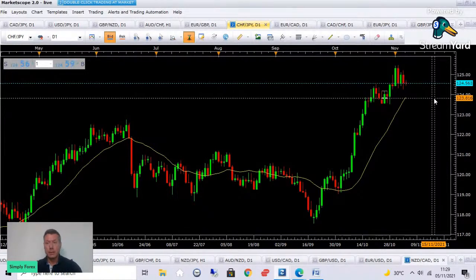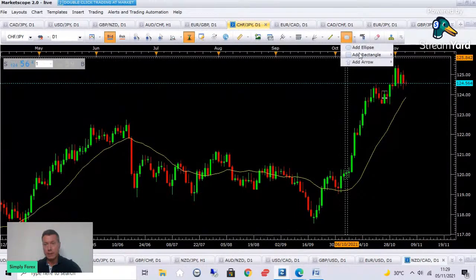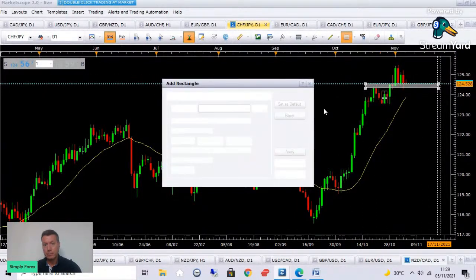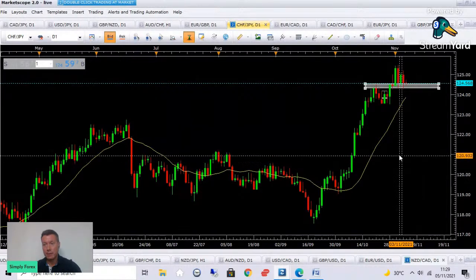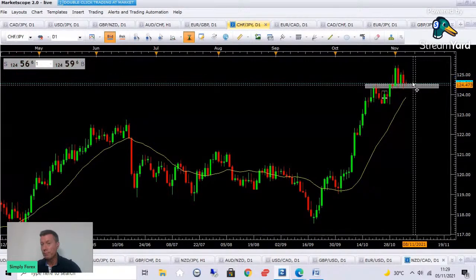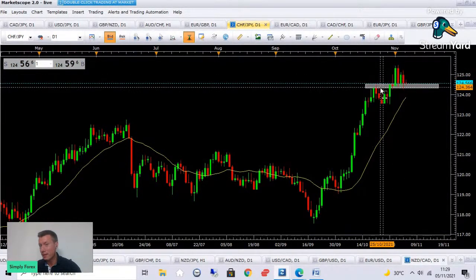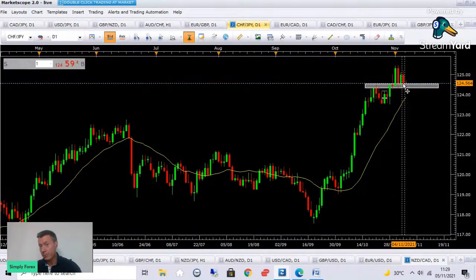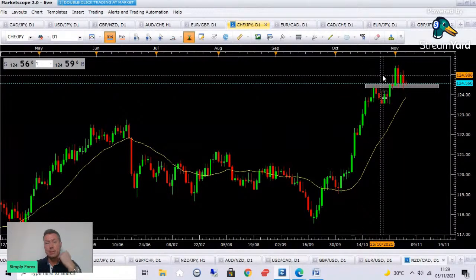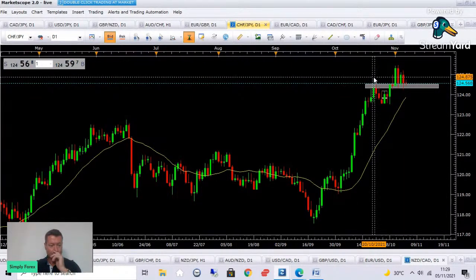This last high here was once resistance, and is now potentially support. So although I'm seeing a bearish candle, I wouldn't short into this last high. And because of the bearish candle, I wouldn't long this trade. So stay out of the trade. Simple as that.